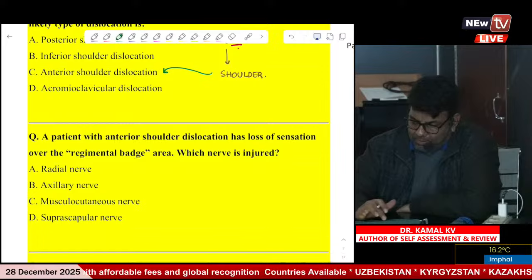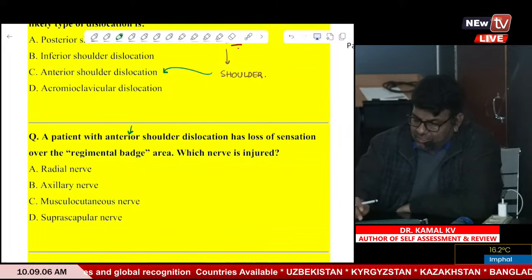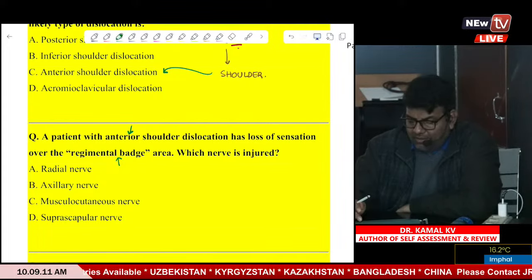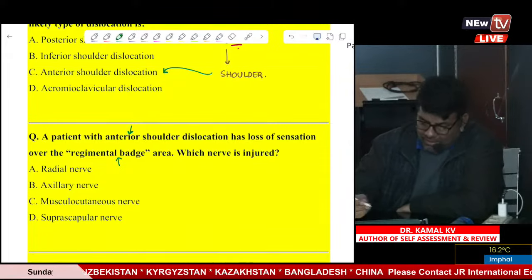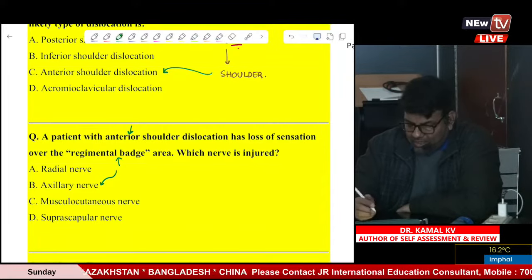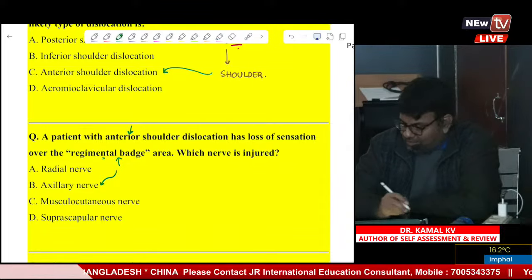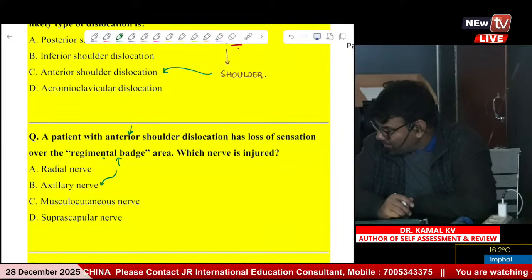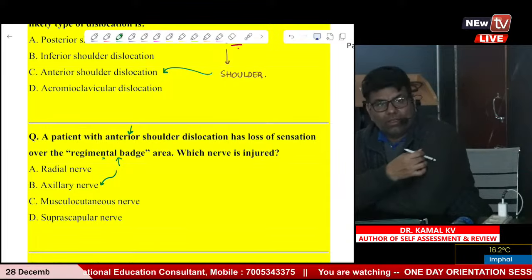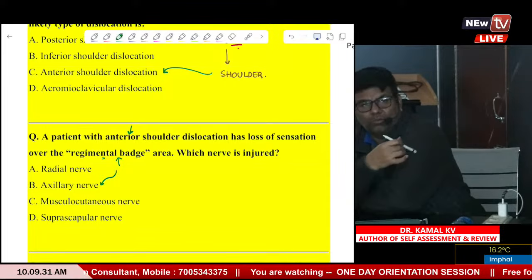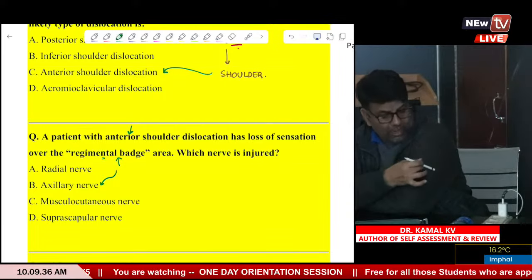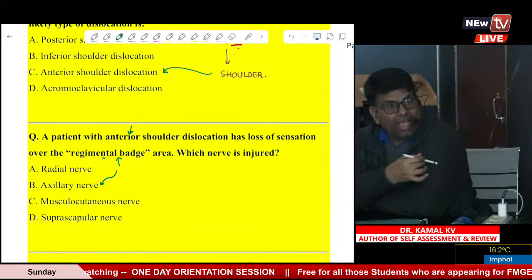Now a patient with anterior shoulder dislocation has loss of sensation over the regimental badge area. Which nerve is injured? I think everyone can answer this, because I just told you that axillary nerve is commonly injured. Now what is this regimental badge? Any idea? Regimental badge is actually this area. So army uniforms or police uniforms, they keep their regiment badge here, and this is the area which is supplied by axillary nerve.